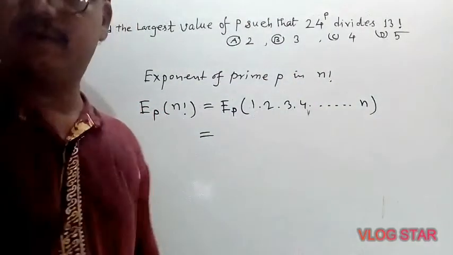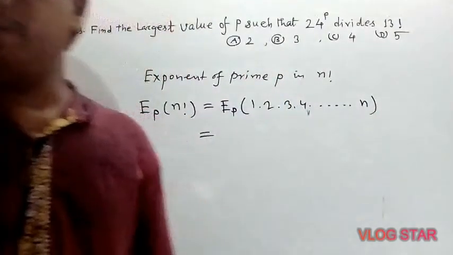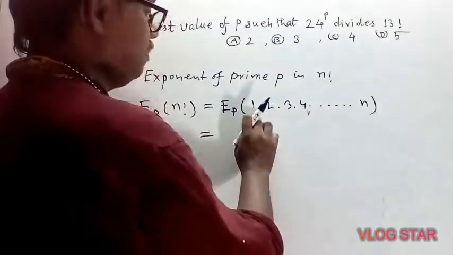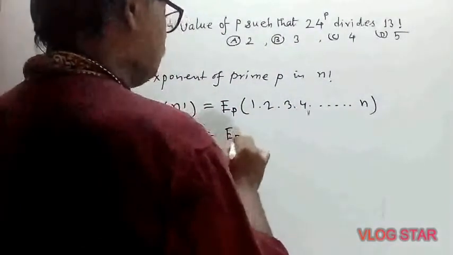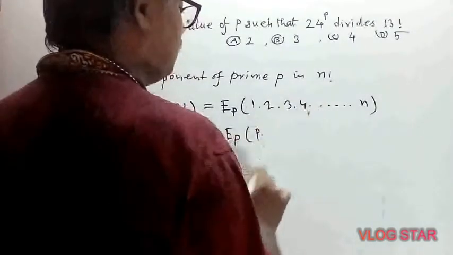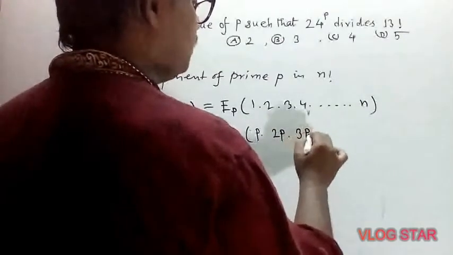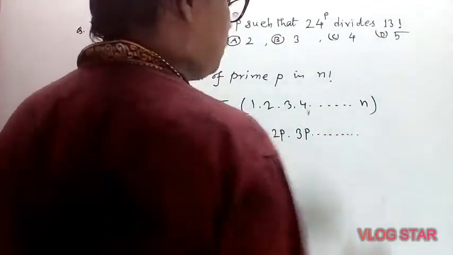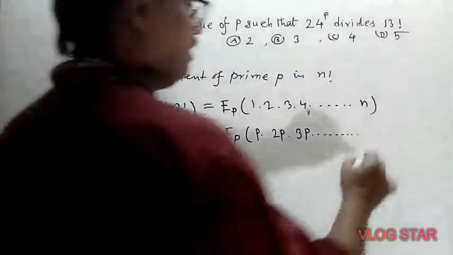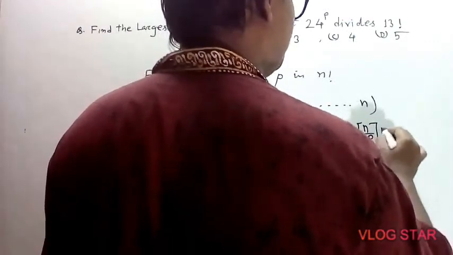We have to pick out which numbers are divisible by p. The first number is p, then 2p, the third number 3p, and the last number divisible by p. As I said earlier, the last number is n by p into p.